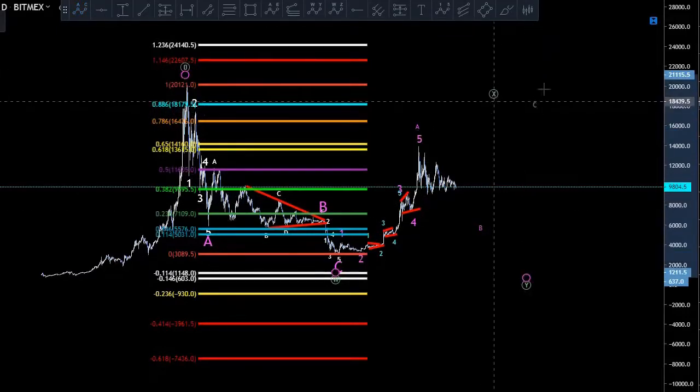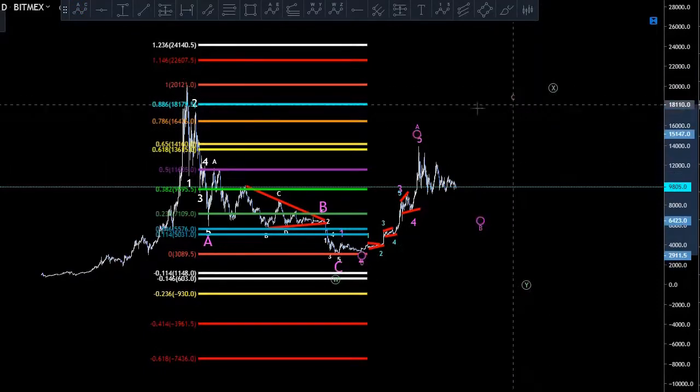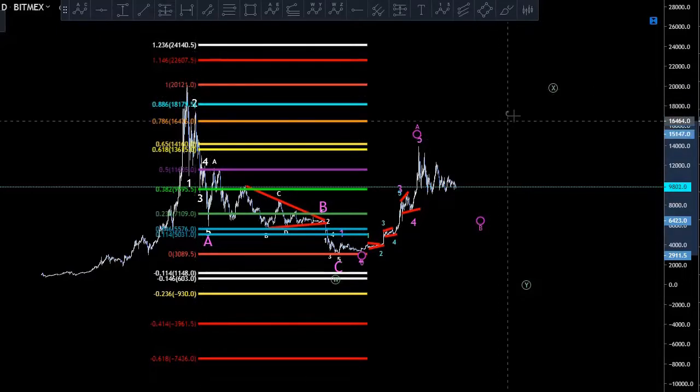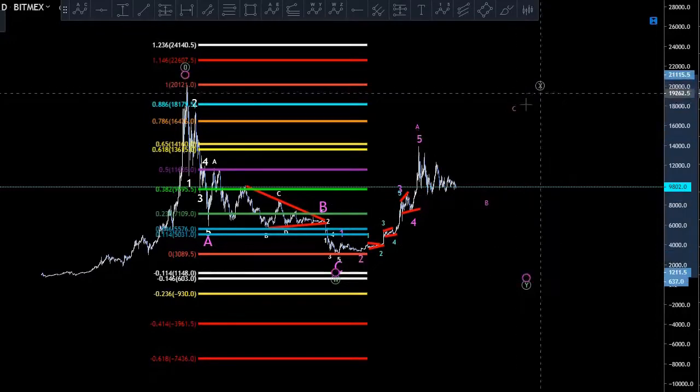I have two options for C. The first, where we don't pass the 0.86 and we make a lower high from this top, right? So it'd be a B, C, X.